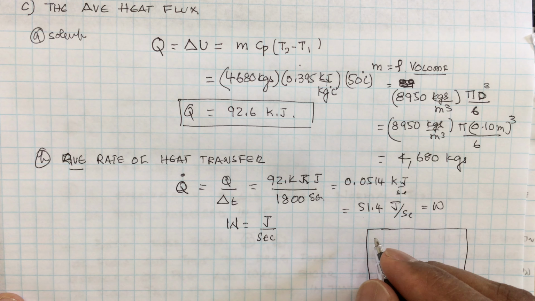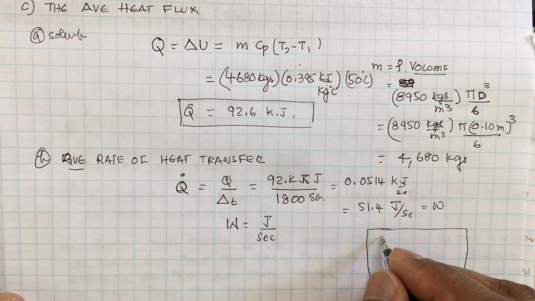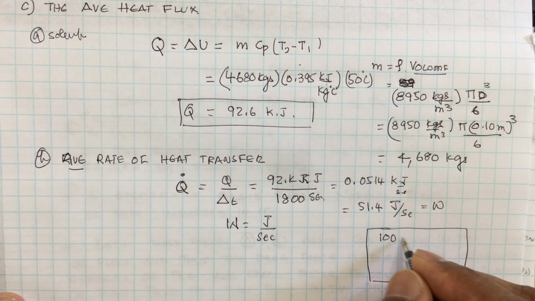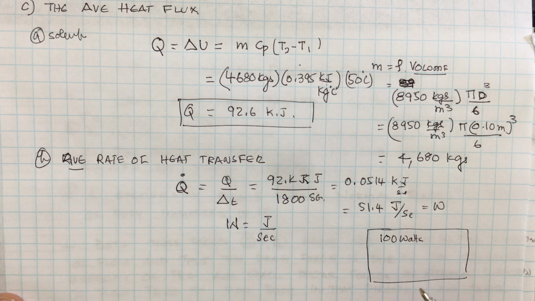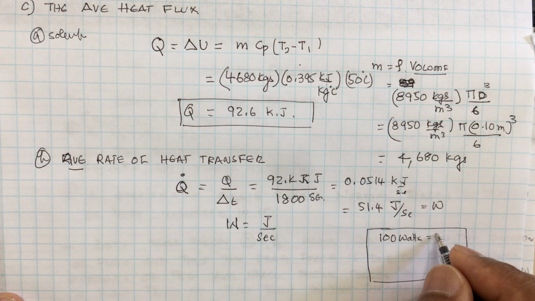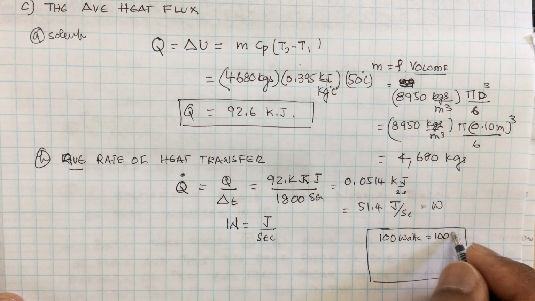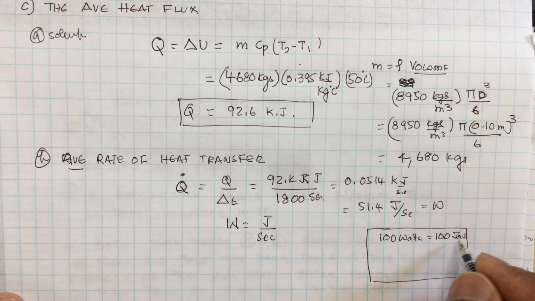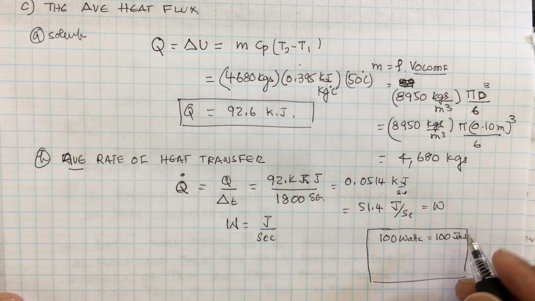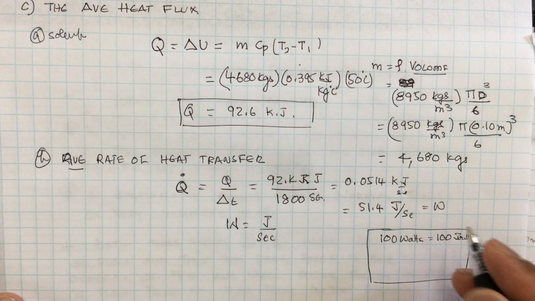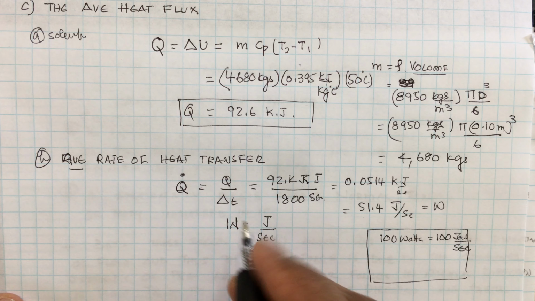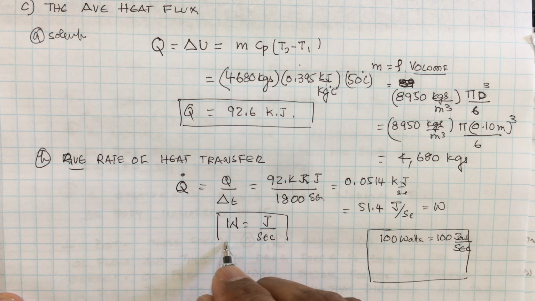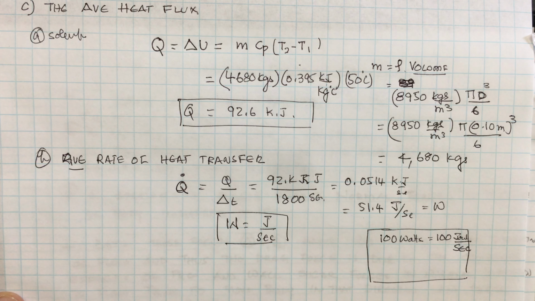If they say I have a 100-watt bulb, what does it mean? That means it is producing 100 joules of electricity, heat per second. That's what it means. I just want you to understand this definition and how it works.